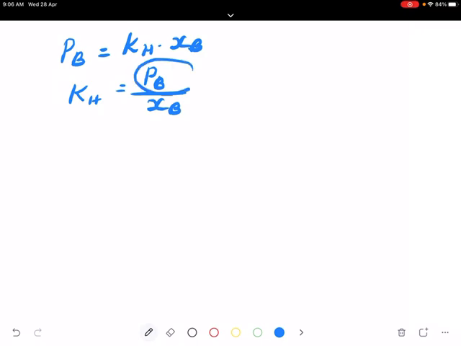Now I'm concentrating on the units of pressure. Conversion factors: pressure can be in atm.